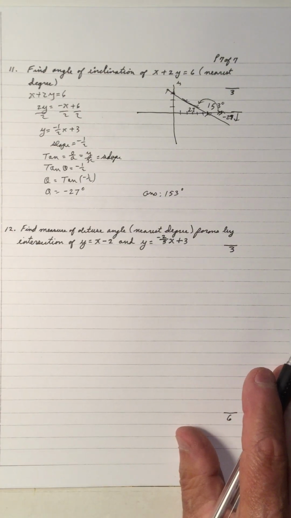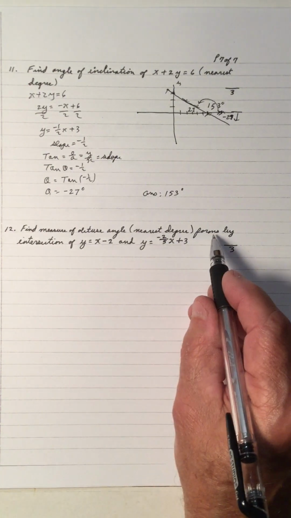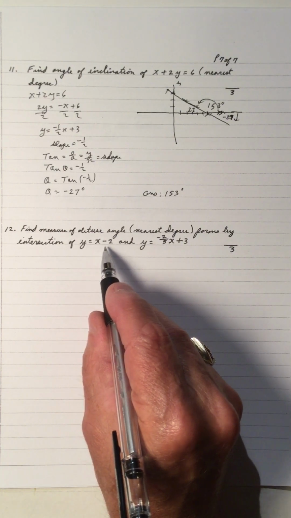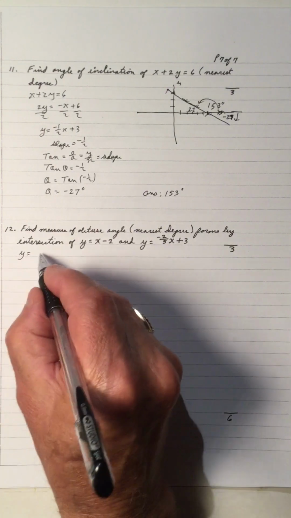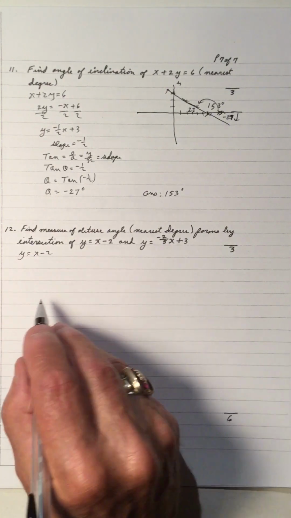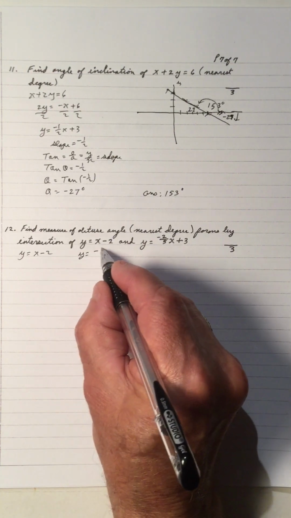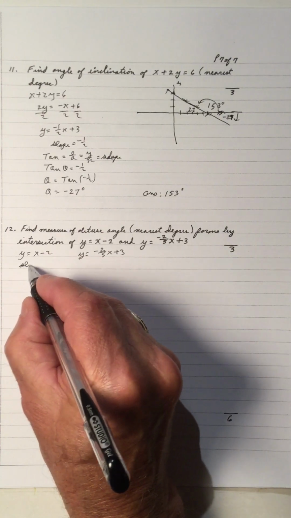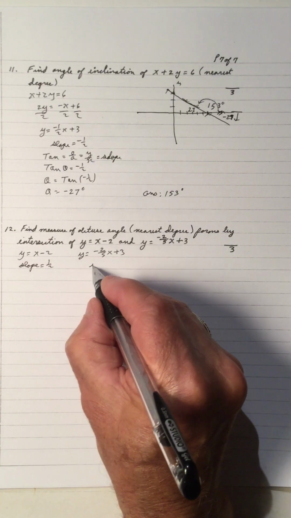Now, let's do the last one on this review. Find the measure of the obtuse angle, to the nearest degree, formed by the intersection of these. Notice we have y equals mx plus b. There are two lines: y equals x minus 2, and y equals negative 2/5 x plus 3.